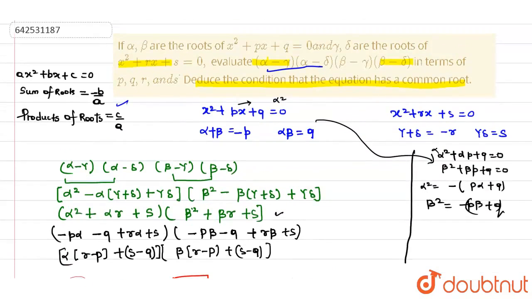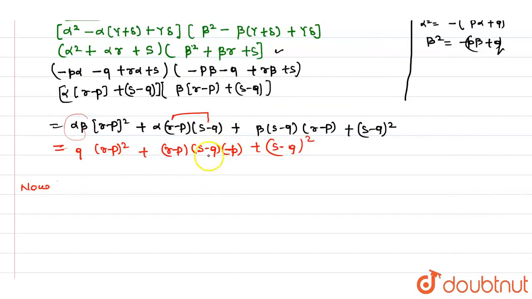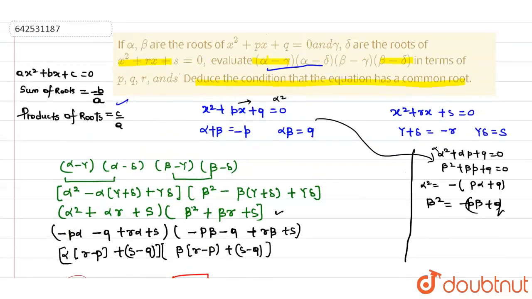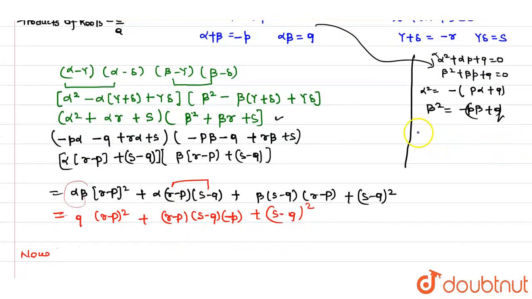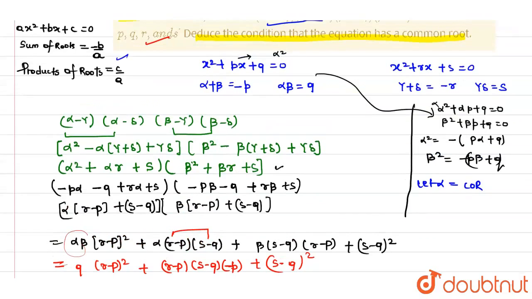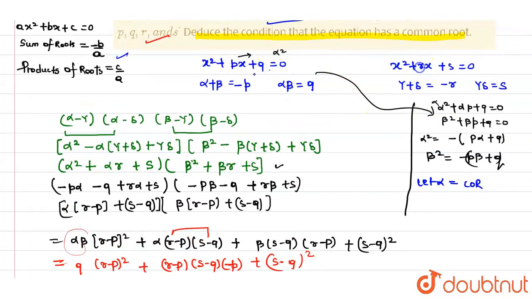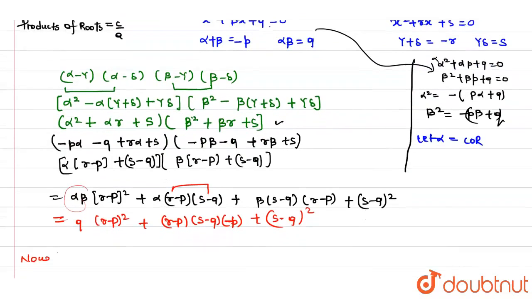Now let's come to the question. What I need to find is, we have found this value in terms of p, q, r, s. Now the line given is deduce the condition that the equations have a common root. If the equations have a common root, let alpha be the common root, right? That means when I put alpha in both equations, they will be equal.